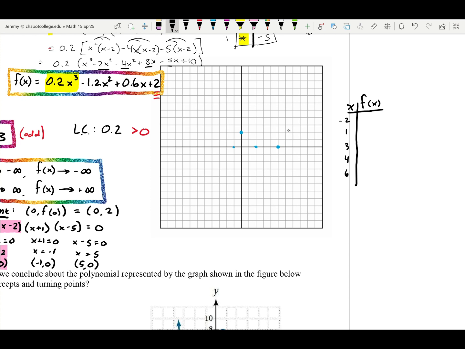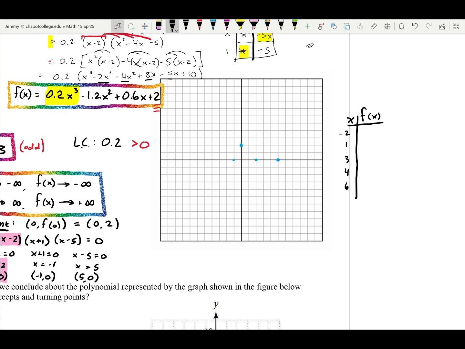I know what's happening at negative 1, 0, 2, and 5, so I'm just picking the integer values around there that aren't actually covered. And I just plugged these into my calculator. I used the trace feature on my calculator. So if you type this function into your calculator, either in factored form or in general form, and hit the trace button after graphing.